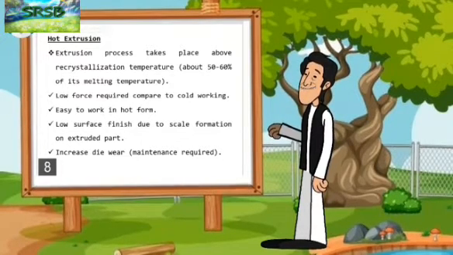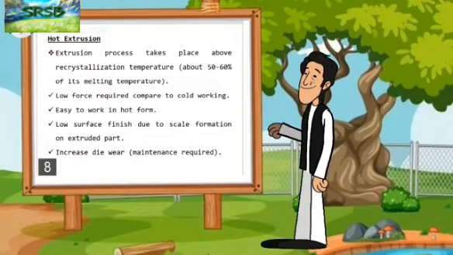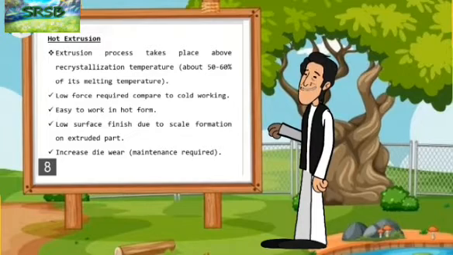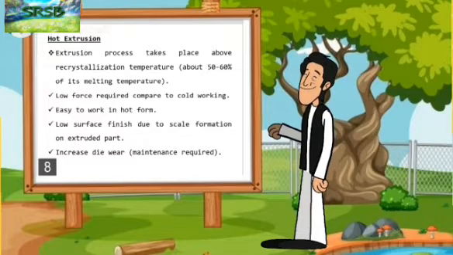It is easy to work in hot form, so it is suitable for mass production. But we cannot expect a good surface finish because of scale formation on the extruded part. Sometimes die wear maintenance is needed for the process.